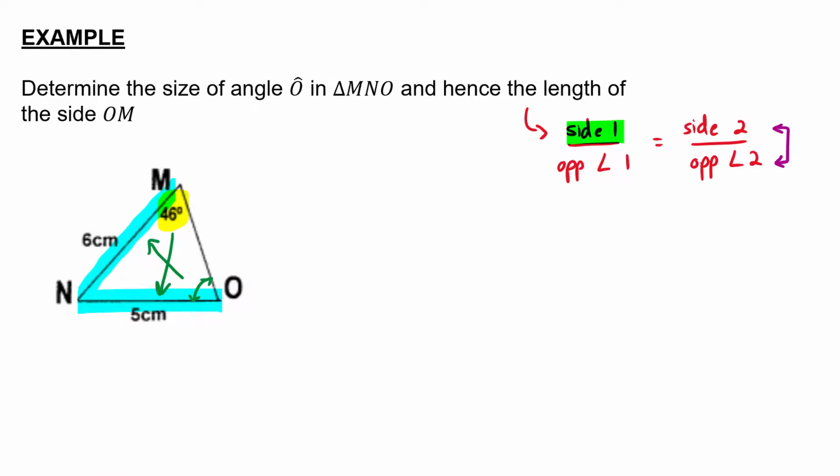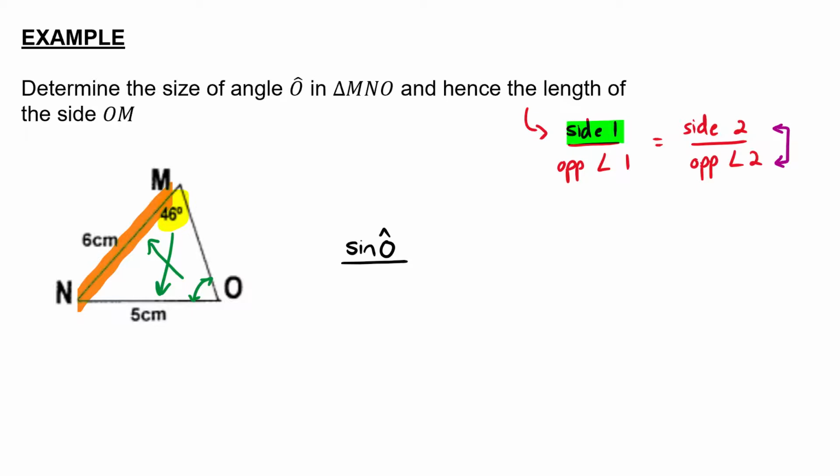The way that we're going to set it out is like this. We are looking for angle O, so that's what we start with. You always start with what you're looking for. So we would have sine of angle O over, and then we go to the opposite side from angle O. The opposite side is given to us over here as MN.